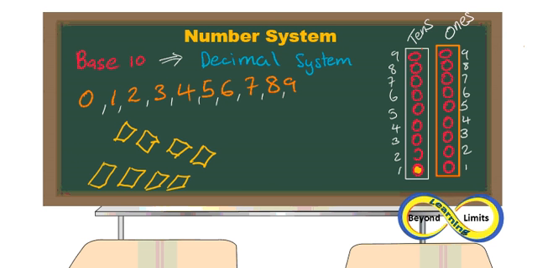So that represents 10 planes on the ground. And if we keep going, we can say, well, we now have 11, 12, 13, 14, 15, 16, 17, 18, 19, and we turn off all the lights on the ones column again and turn on 2 over here to show that we are now at 20.